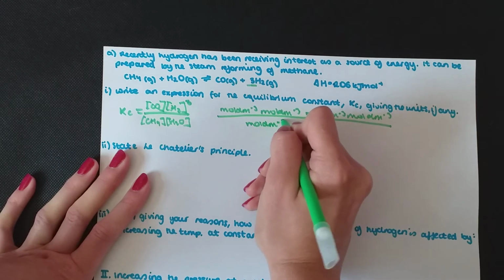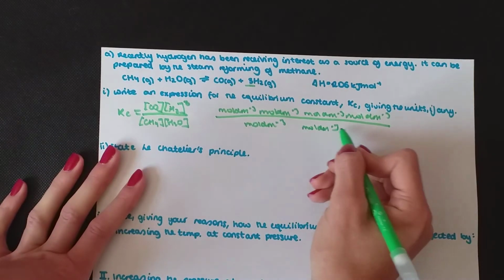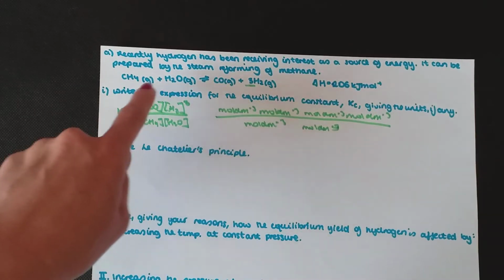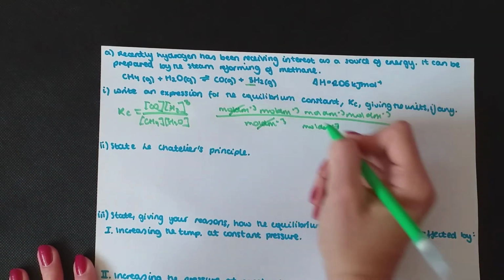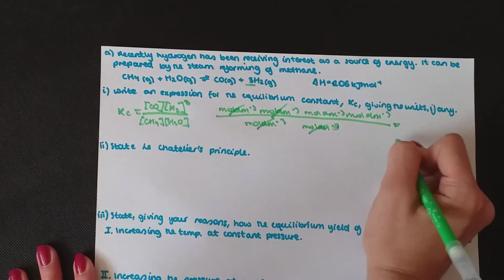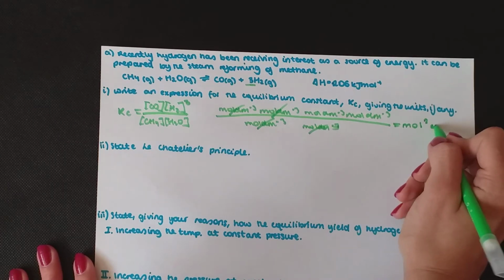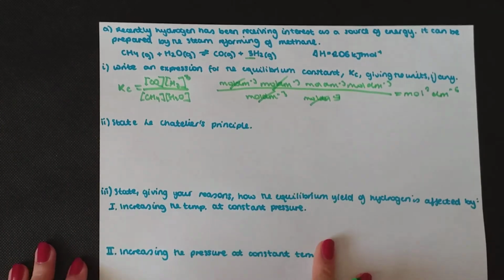So mol dm^-3, mol dm^-3. So these are the concentrations. The power 3, 4, and at the bottom is 2. So now we just want to cancel those out, and we're left with 2 of them at the top. So that's going to be mol^2 dm^-6. We just combine these two.